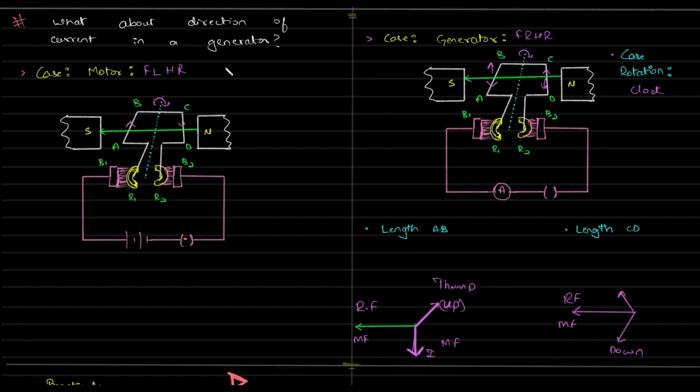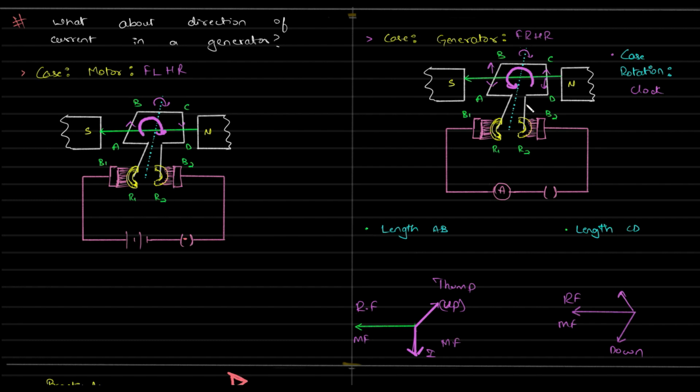So basically, what are we looking at? Here, the current will move in anti-clockwise direction. Here, the current moved in clockwise direction. Here, the current is moving in anti-clockwise direction. This is something you have to know. Not all the time will you have the same thing happening over here and over here.